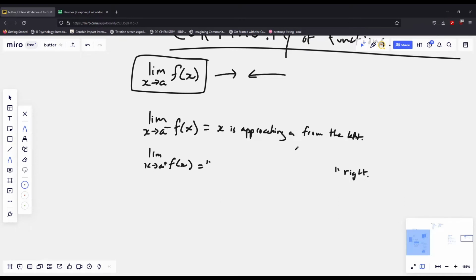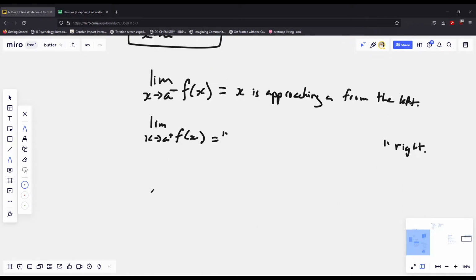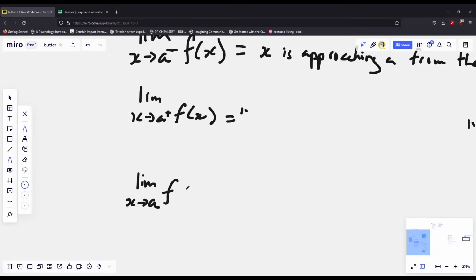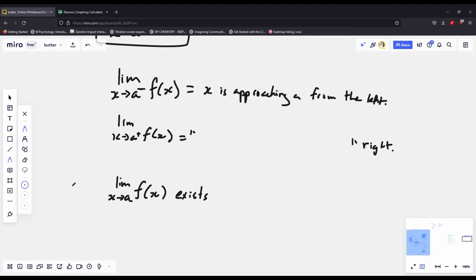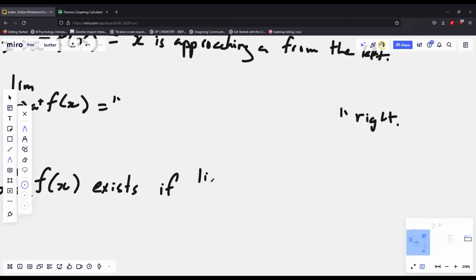Now that we've defined this, we can start taking a look at what exactly a limit existing means. We can say the limit as x approaches a of f of x exists if the limit as we approach from the left and the limit as we approach from the right both exist and are the same.